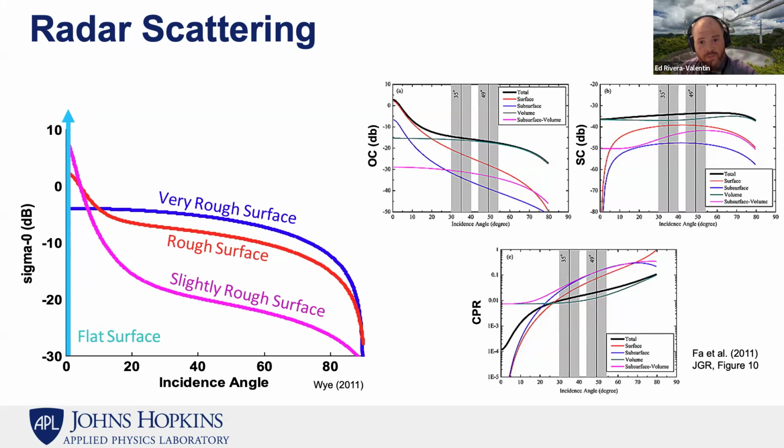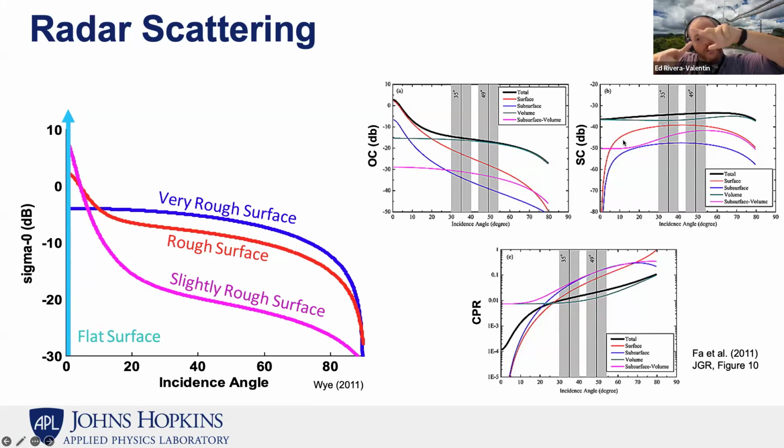The other take-home message from this plot, though, is that I was trying to describe the different physical properties that go into producing or dominating the radar backscatter as a function of incidence angle. Since CPR is a ratio of these two values, between 0 and 10 you might have surface scattering dominating in the OC, but between 0 and 10 surface isn't dominating in SC, but volume is.